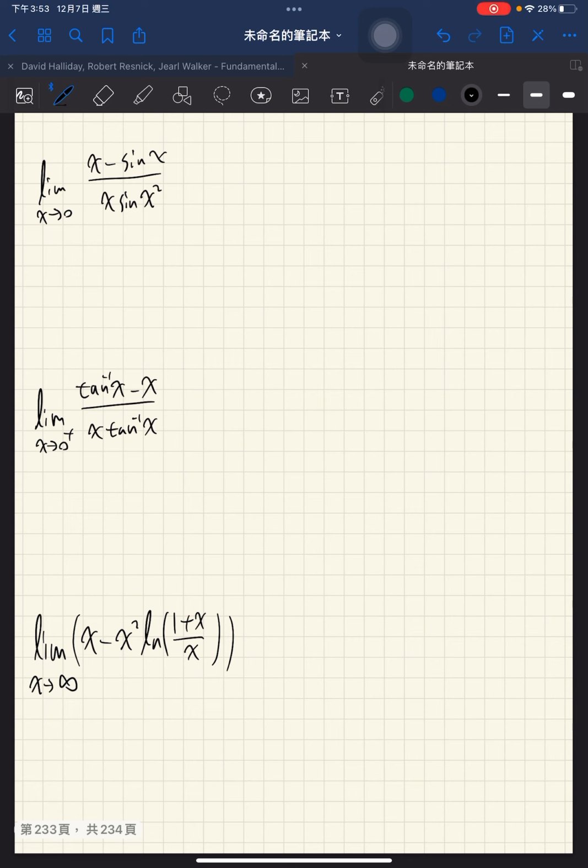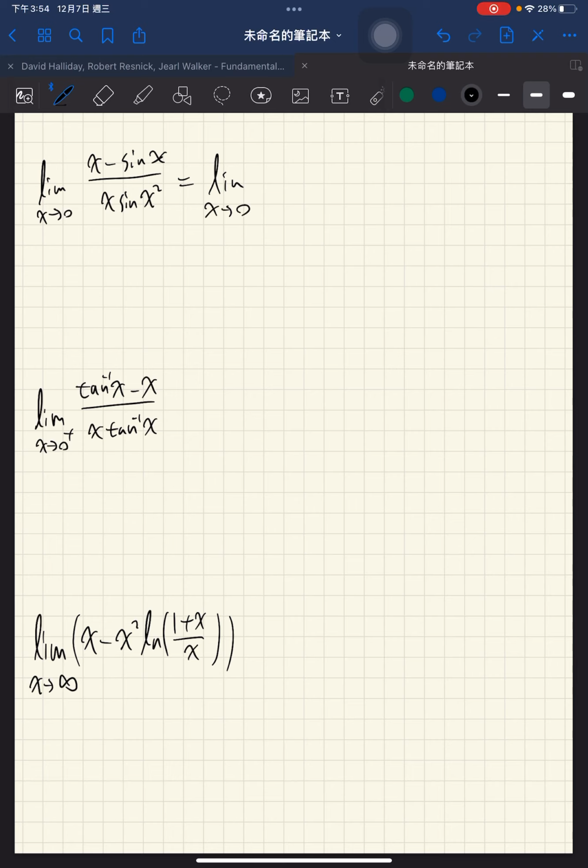And I usually use Taylor series to solve indeterminate forms of limits, instead of L'Hopital's rule. And this is an example. We can expand the numerator and denominator both.